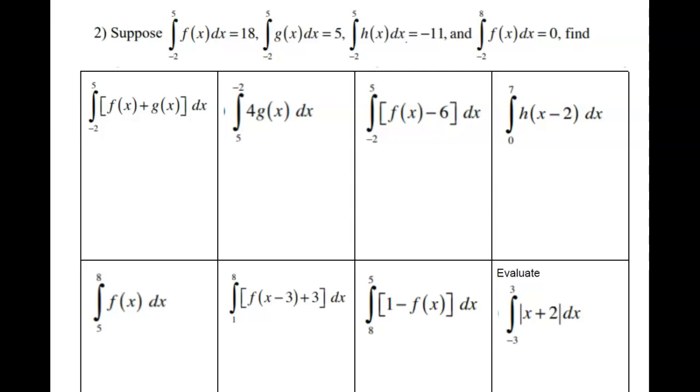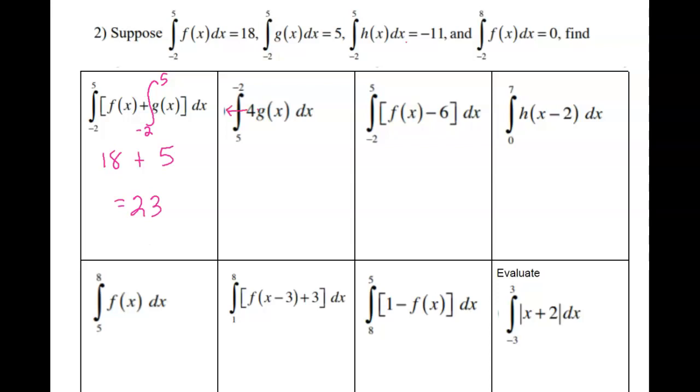Okay. So on our first example, we're adding two functions together, and so really we can add these separately because they're being added. So by substitution, I know that this is 18, and -2 to 5 of g, that's 5. So we add them up, and it's 23. Okay. On the second one, there's a 4 that's being multiplied.